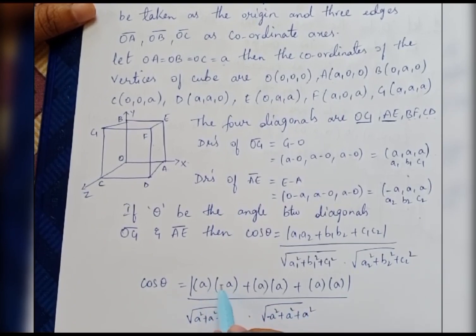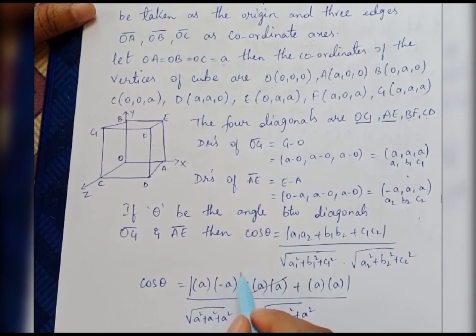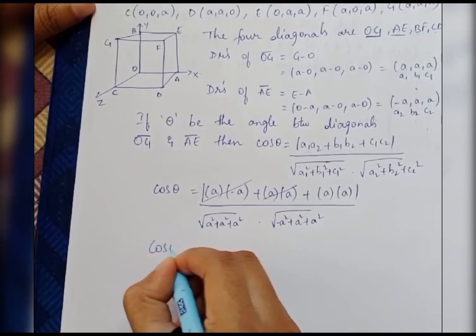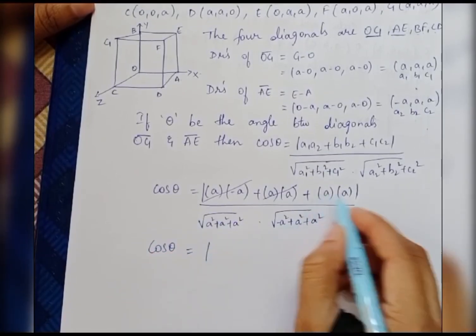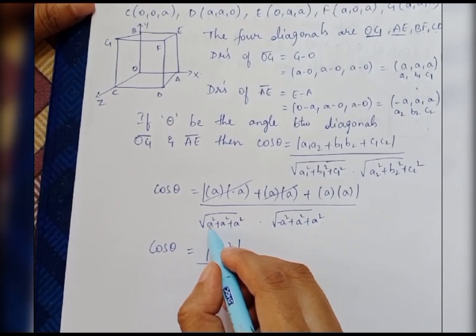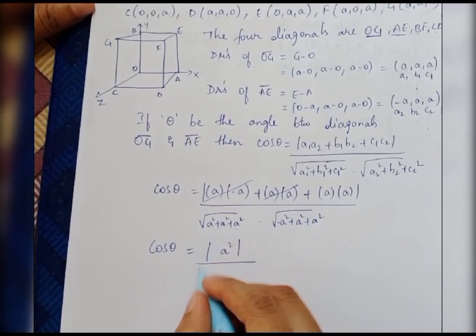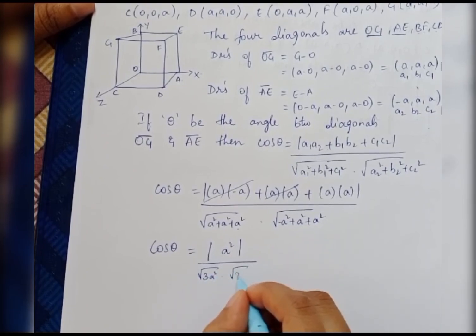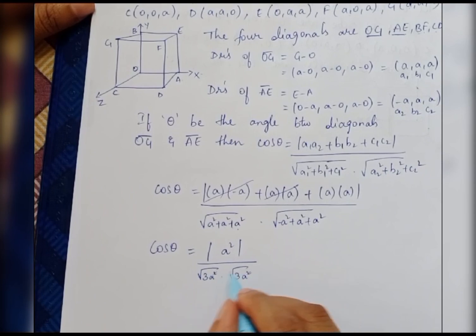Here it is minus a square and plus a square, so they get cancelled. So cos theta equals mod of a into a, which is a square, divided by root of 3a square into root of 3a square.